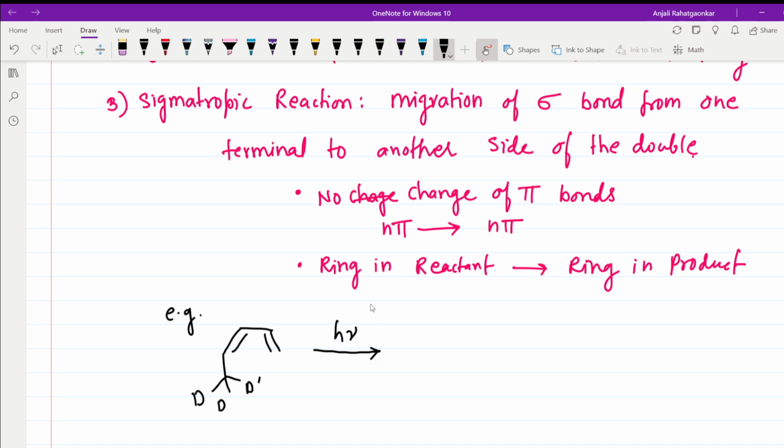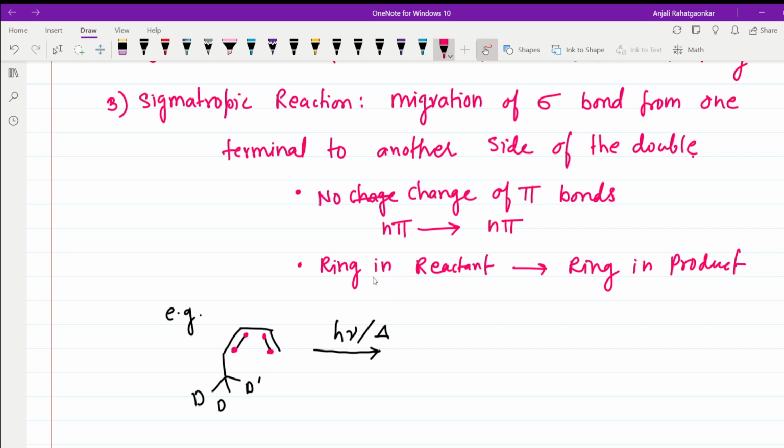So H nu, we will see later on how the reaction takes place. Now here how the flow of electrons will move. So these are the 2 electrons. So this is sort of an intramolecular rearrangement reaction.